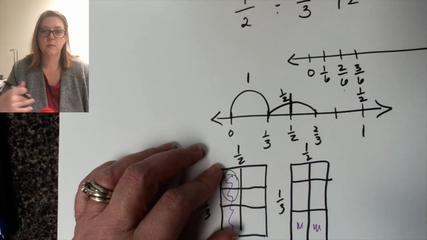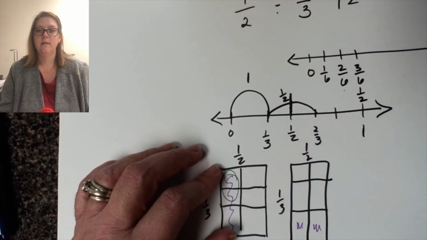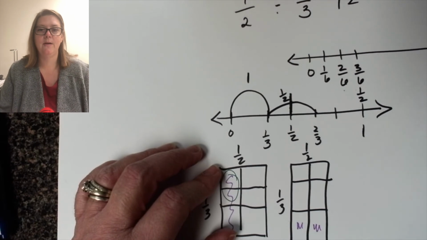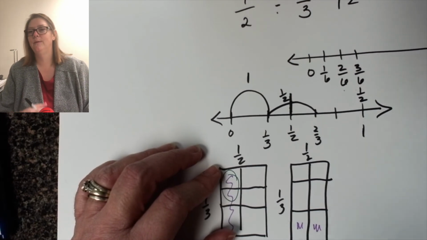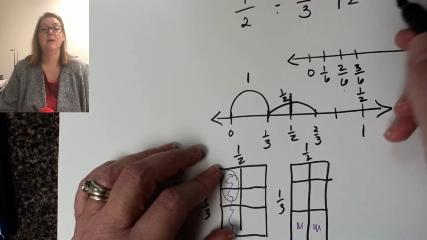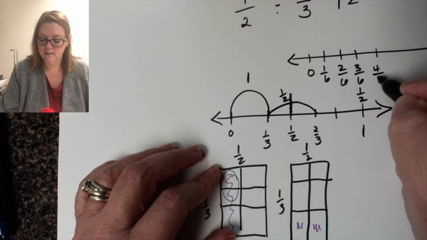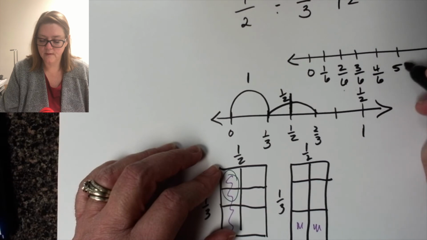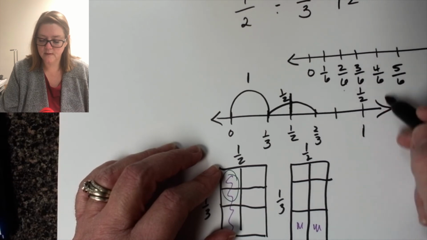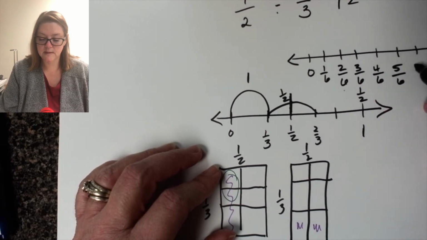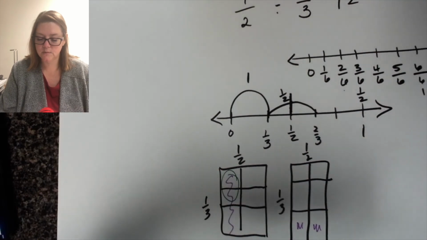I love this because when my kids would do this enough, those equivalent fractions were right there. And this is so important for our kids, especially with the multiplication part of it, when they're doing ratios and proportions, and they get those in their head. 4/6, 5/6, and they'd see that that was 2/3. Man, it's great. 6/6, and that's 1.